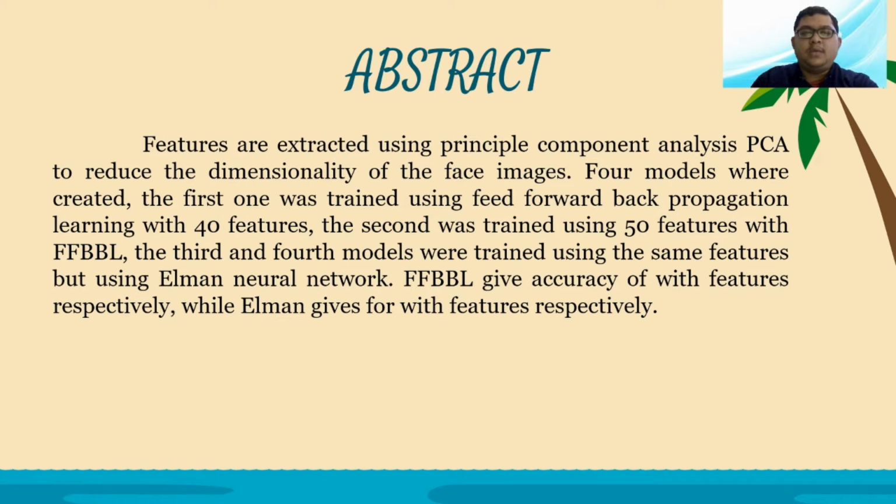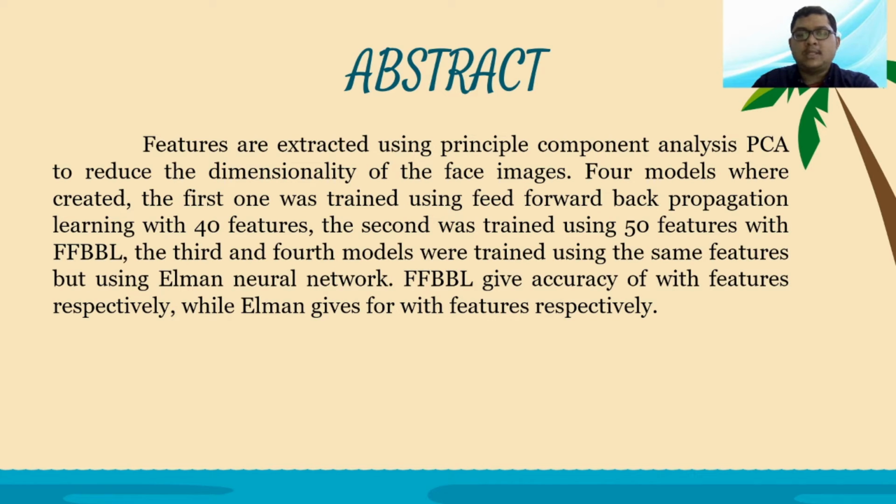Abstract. Features are extracted using principal component analysis (PCA) to reduce the dimensionality of the face image. Four models were created. The first was trained using feed-forward backpropagation learning (FFBBL) with 40 features.